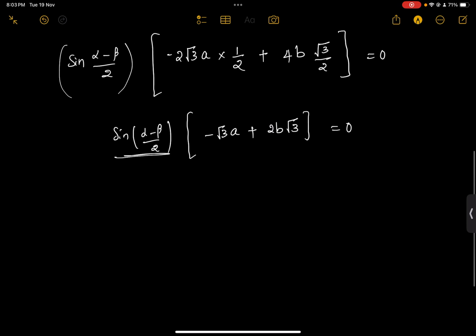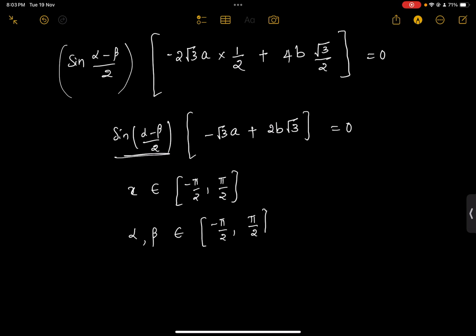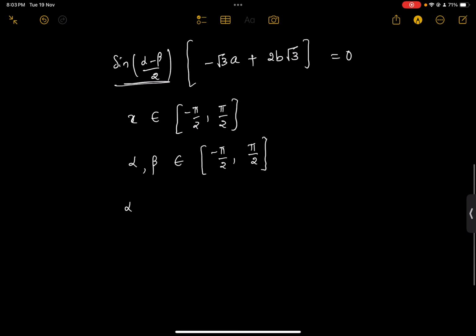Now consider this quantity. It is given that x lies in the closed interval minus pi by 2 to pi by 2. So alpha and beta lie between these two values. Now alpha minus beta: minus pi by 2 is less than or equal to alpha, which is less than or equal to pi by 2, and minus pi by 2 is less than or equal to minus beta, which is less than or equal to pi by 2.